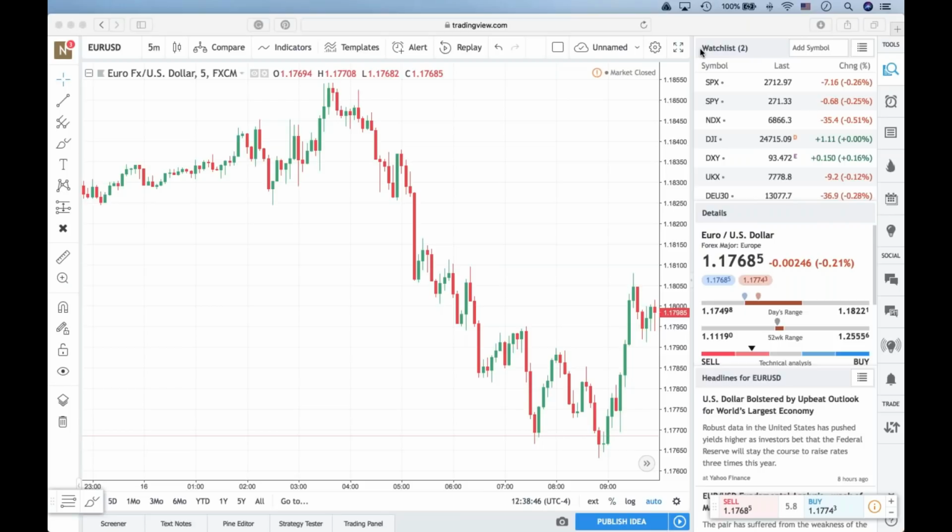Like any other strategy that we're using that deals with currency pairs, we are going to focus on the Euro-USD pair. This is a TradingView chart. We found TradingView pretty accurate. I mean, the most accurate charting software are TradingView and Thinkorswim.